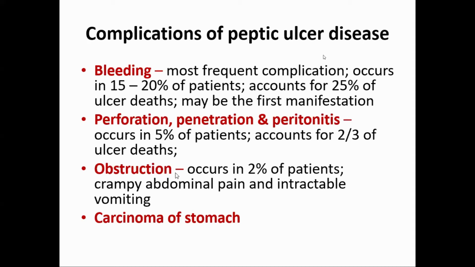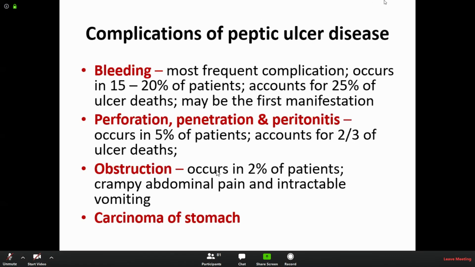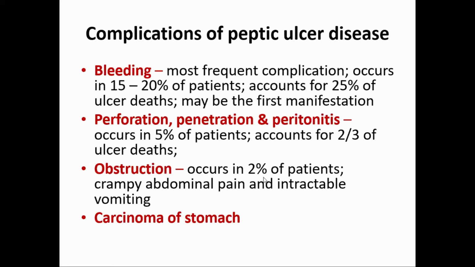Then obstruction. It occurs in 2% of patients, and the obstruction is more common in the antral area if it is a gastric ulcer, or in the duodenum if it is a duodenal ulcer. And why does obstruction occur?